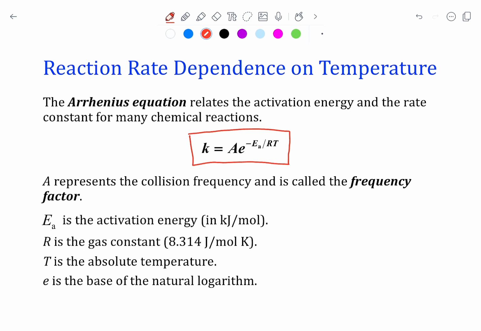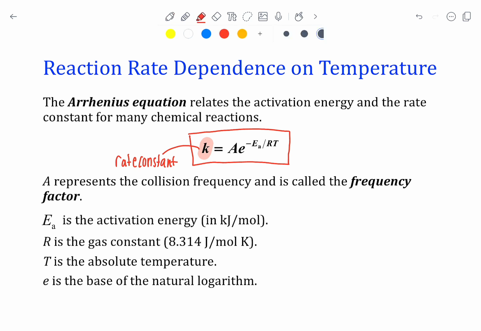Now there are some new terms in here that we have to define, but let's look at the ones that we know already. We know k. k is going to be our rate constant. A is a new term for us.